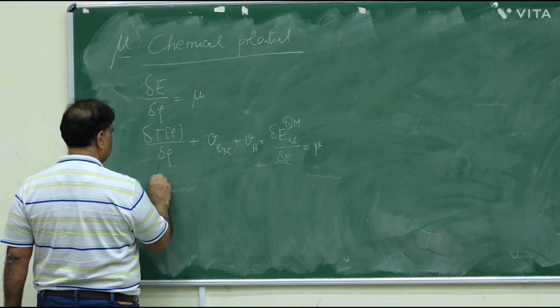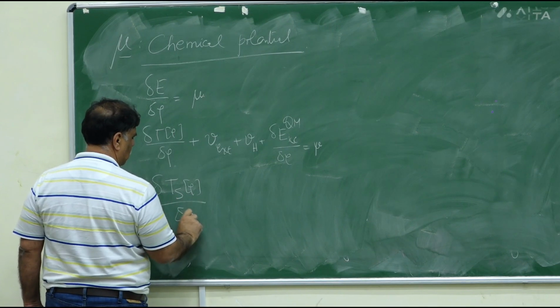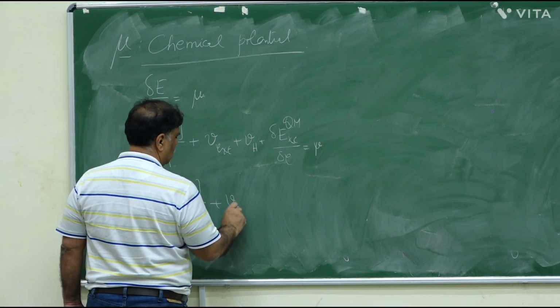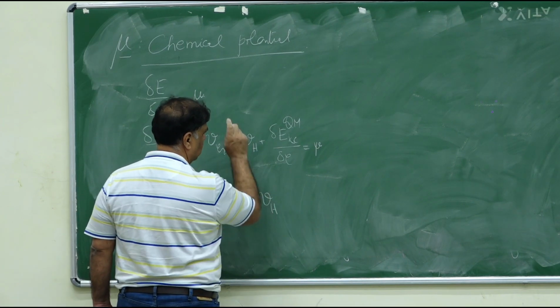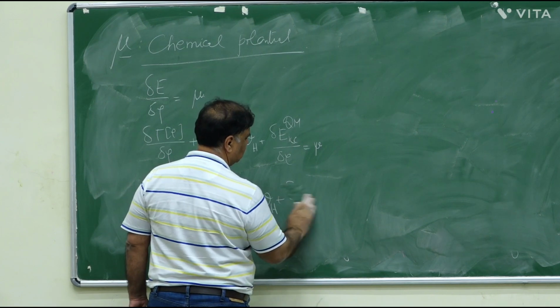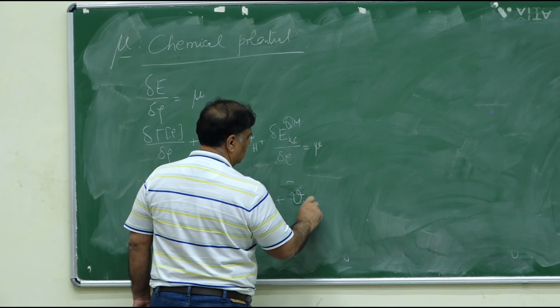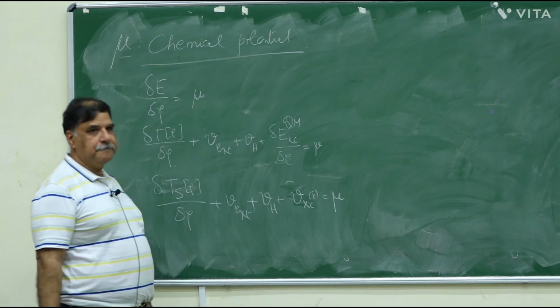And then we have the Kohn-Sham, delta T_S[rho] over delta rho plus V external plus V Hartree, since it has to be the same, so V Hartree remains the same, plus delta E_XC. Let me call this V_XC, because that's the way we refer to it. Mu is the same.